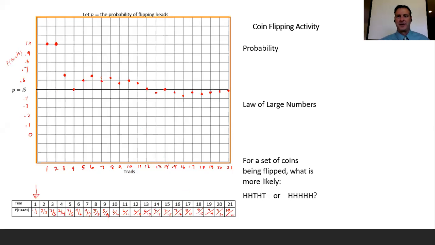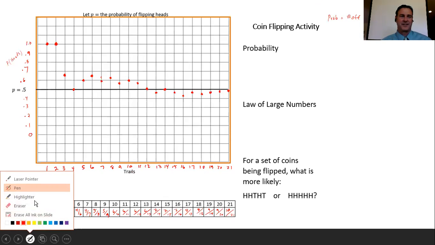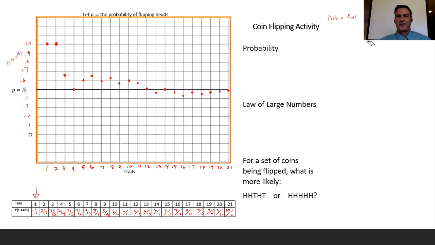First, let's talk about what a probability is. Most of the time when I ask people this, they give me the definition they've learned in a previous class. They'll say it is the number of successes over the number of outcomes.